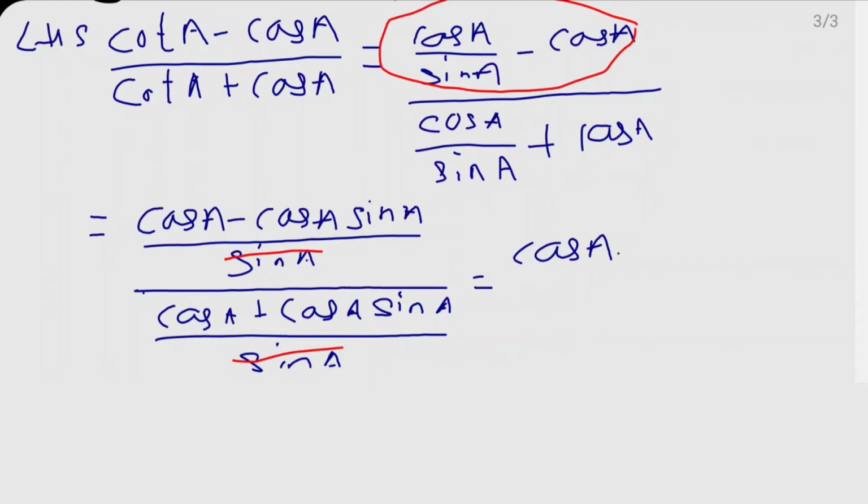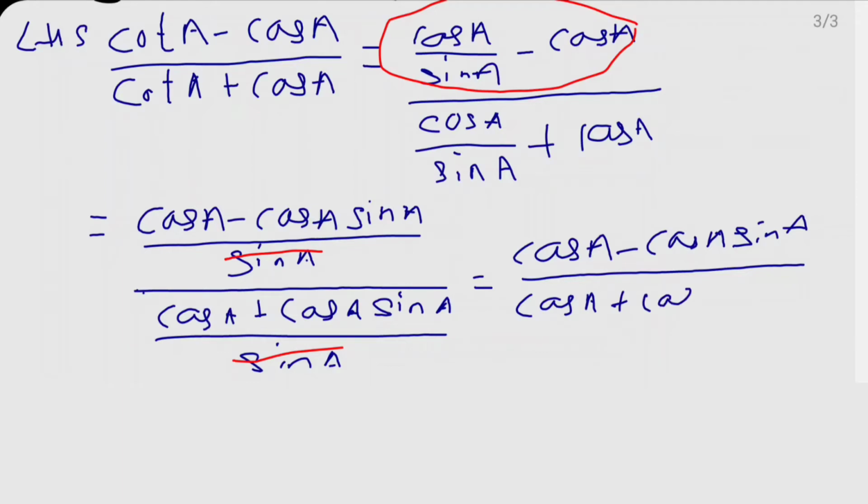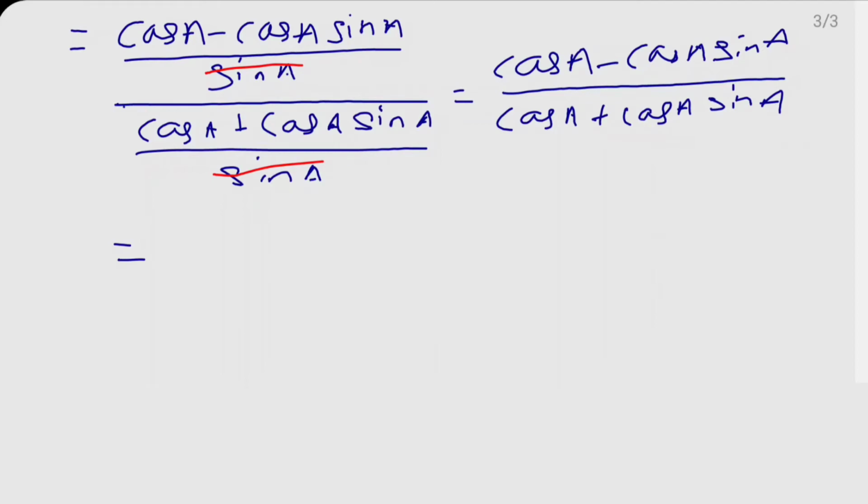So this is equal to (cos A minus cos A sin A) divided by (cos A plus cos A sin A). So now here, see here cos A minus cos A sin A, in these two terms cos A is common, so take it outside.